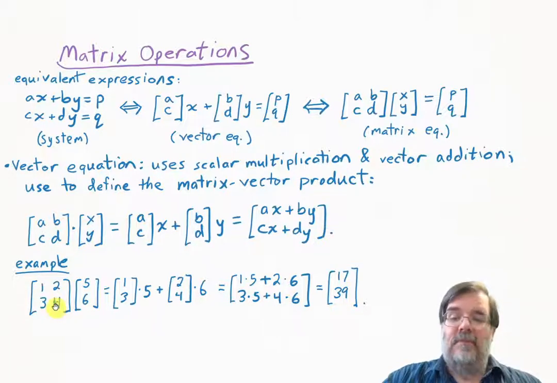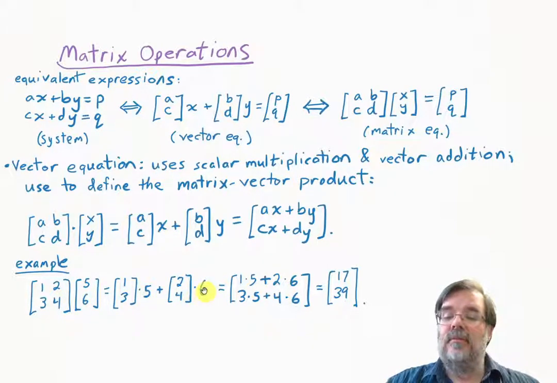To make it more clear, here's a numeric example. Let's say we have the matrix 1, 2, 3, 4 times the vector 5, 6. When you multiply those together, the result's going to be another vector. You can think of it in terms of scalar multiplication and then vector addition.